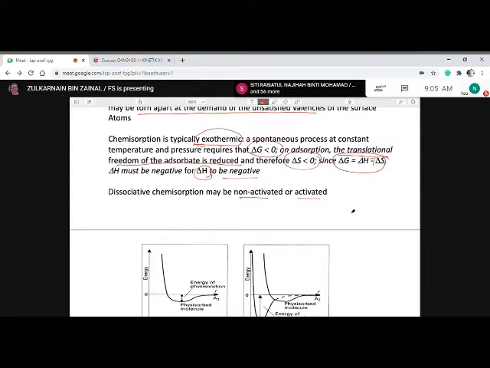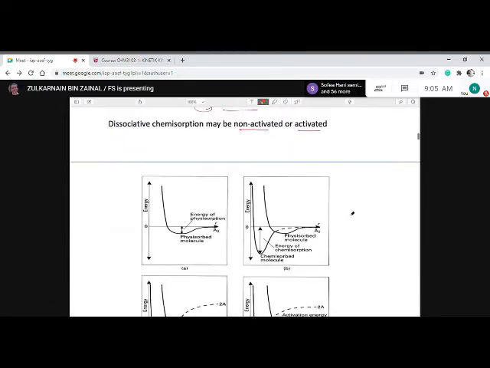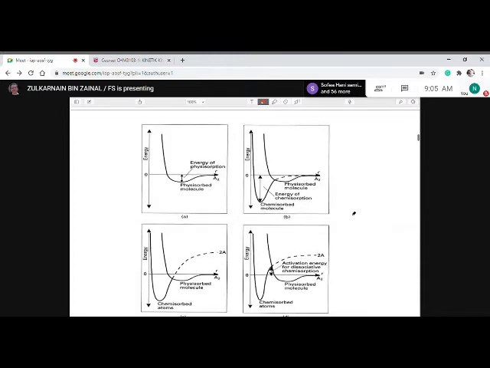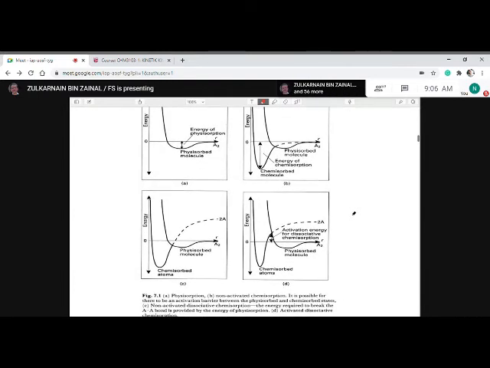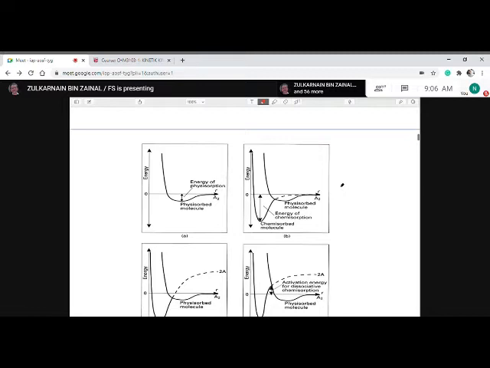So what is activated and non-activated adsorption process? Okay, so let us look at this curve of energy versus the distance from the surface. Energy versus distance from the surface, right? So this is energy axis, and the distance from the surface r, right?